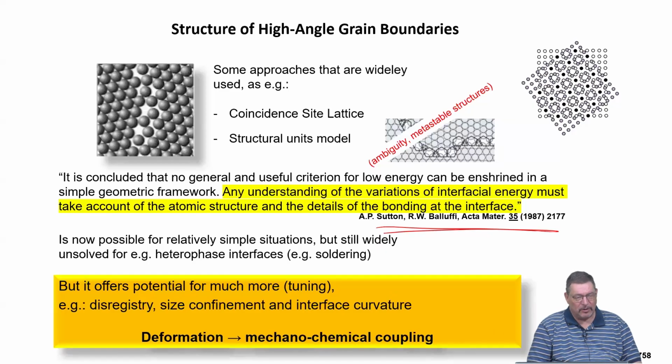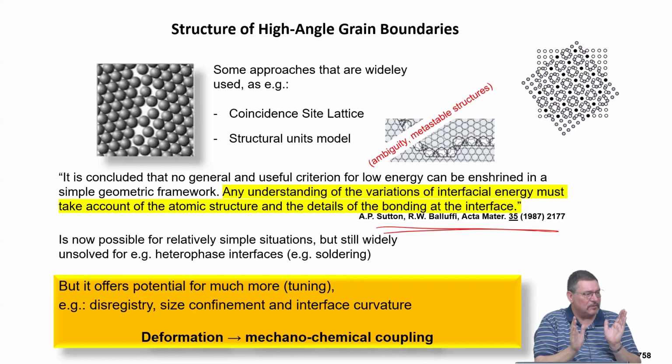But I think it gives opportunity also to think of tuning the boundary structure by going beyond what we today understand as grain boundary engineering. For maybe those of you who have not yet attended the higher classes, grain boundary engineering was investigated by a Japanese colleague called Watanabe, and he basically described making a better material by choosing a high fraction of these special highly symmetric boundaries, so CSL boundaries with a low sigma value, mostly a lot of sigma 3 and sigma 3 derivatives like sigma 9, sigma 27.